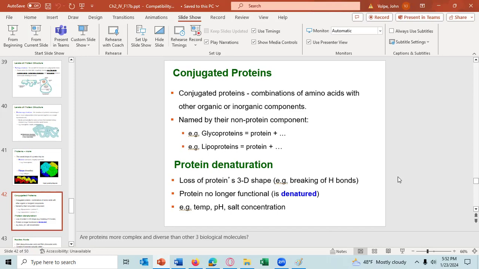When the protein is totally denatured, the protein will no longer be functional, and then we say the protein is denatured. You can denature a protein by putting it at the wrong temperature, the wrong pH, or the wrong salt concentration.